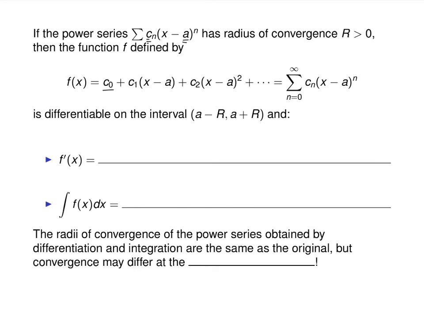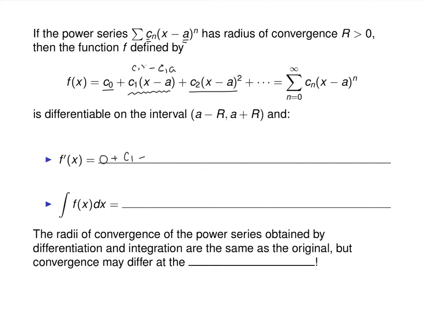C0 is a constant. Its derivative is 0. The derivative of C1 times x minus a, you can think about that as C1x minus C1a. Well, the derivative of that C1a is going to be 0, so the derivative there will just be C1.